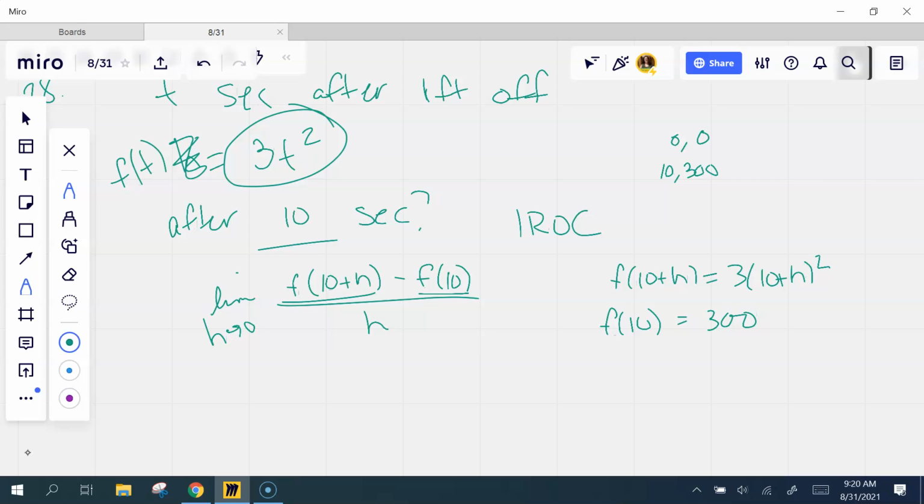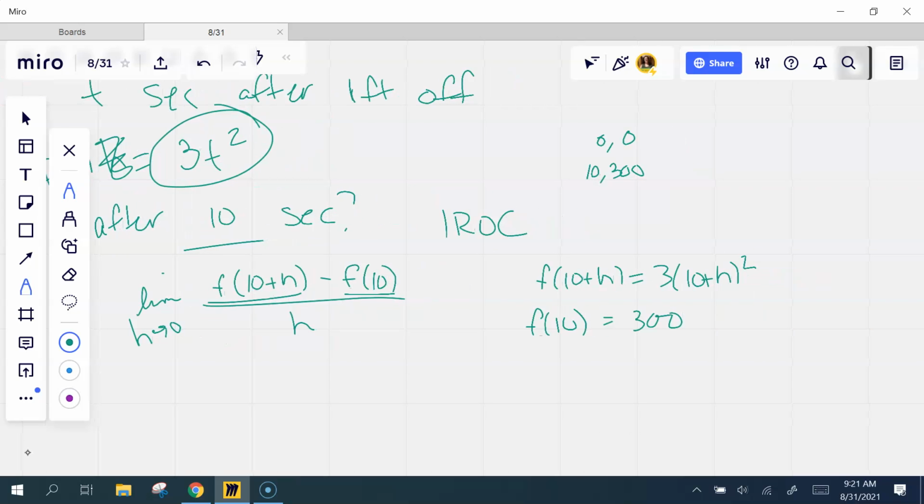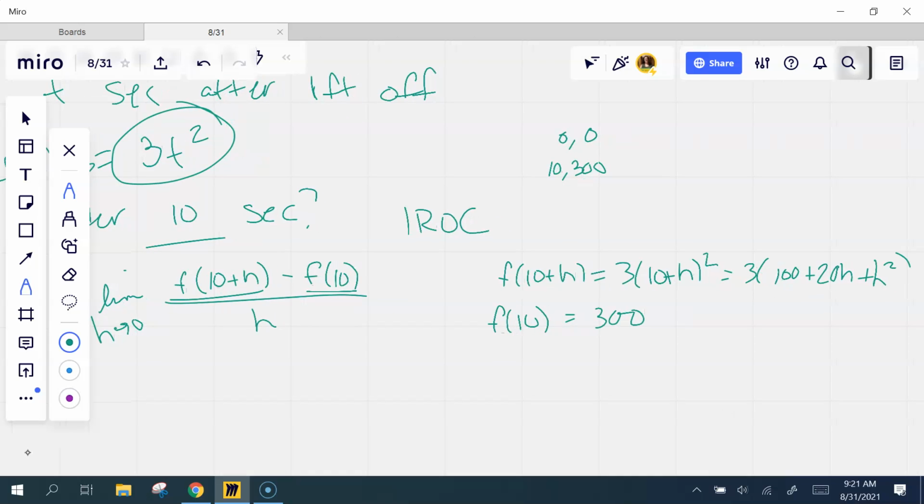This is really f of t. It's t squared. 10 squared would be 100 times 3 would be 300. You gotta FOIL that. Do you distribute this one? No, FOIL first, and then distribute the 3. I'm going to leave y'all to that one because I think y'all can handle it from there.